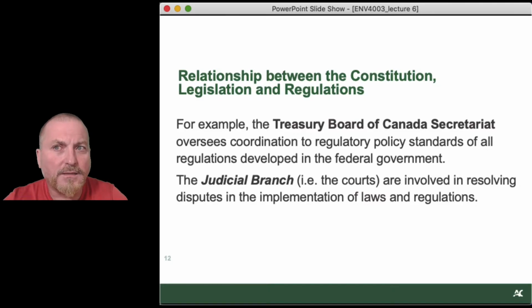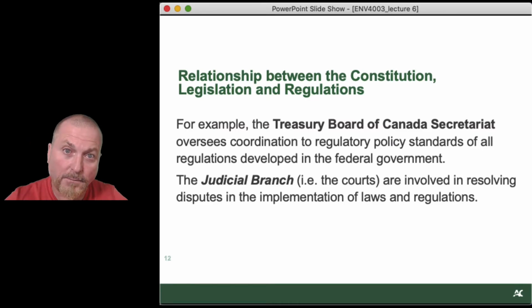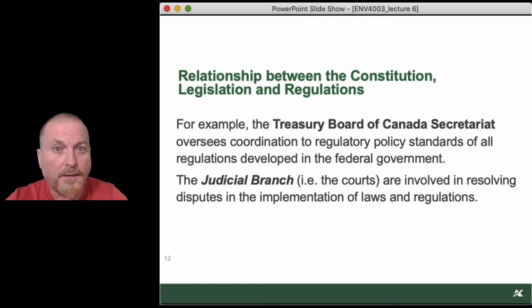The Treasury Board of Canada Secretariat oversees coordination of regulatory policy standards for all regulations developed in the federal government, okay? They don't do the work on the regulations. The specialty department does, right? Environment Canada, Health Canada, Agriculture Canada, whatever the case may be. But they coordinate the process that all regulations have to go through to get to cabinet approval, all right?